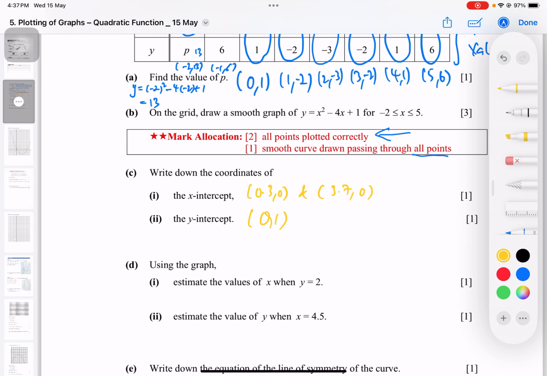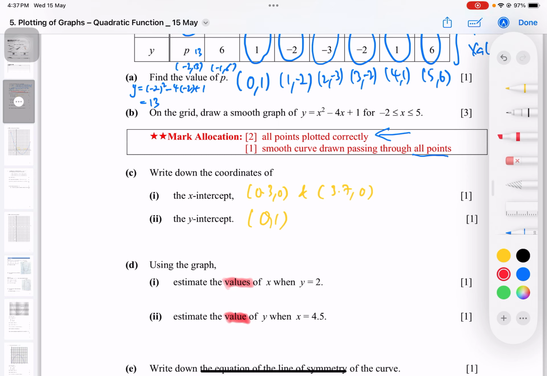Using the graph, that means using your own graph, estimate the values. Where is my highlighter? Let me use the big one. This is values. When there is an S, that means there must be at least 2 answers.